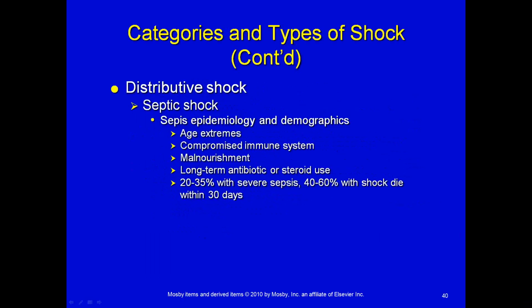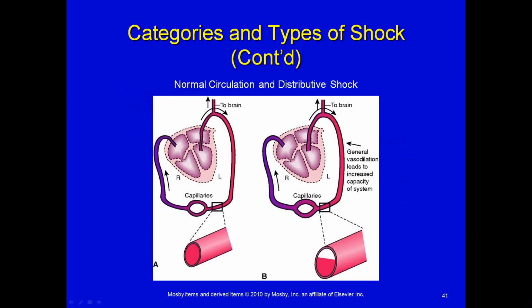Those with long-term antibiotic and steroid use may not have the ability to fight off certain antigens as they change as they evolve and become resistant to some of the common antibiotics. 20 to 35% with severe sepsis is the mortality rate. 40 to 60% who develop shock with sepsis will die within 30 days from, again, the organ failure.